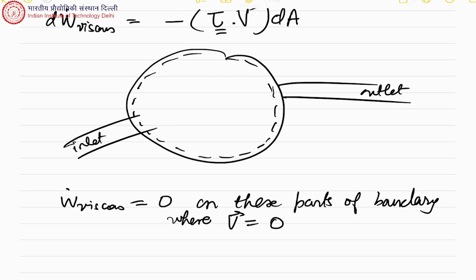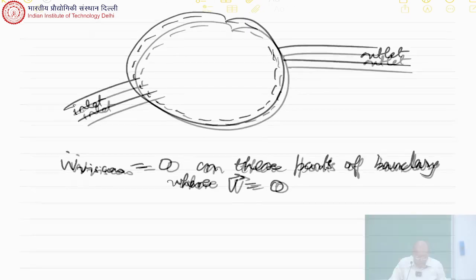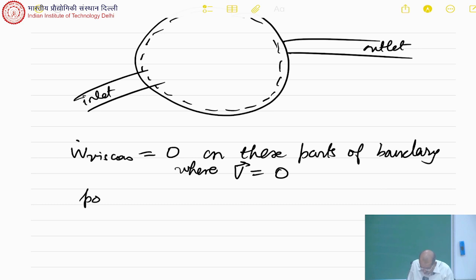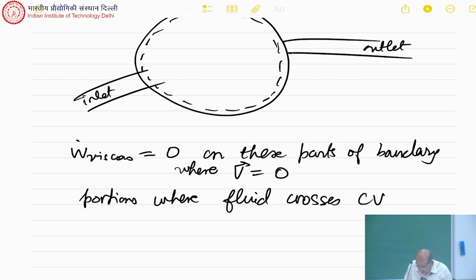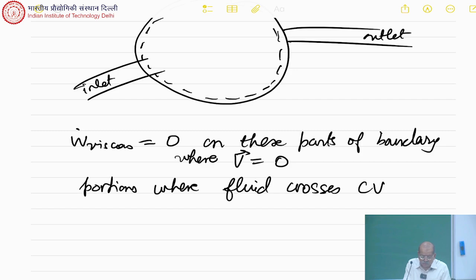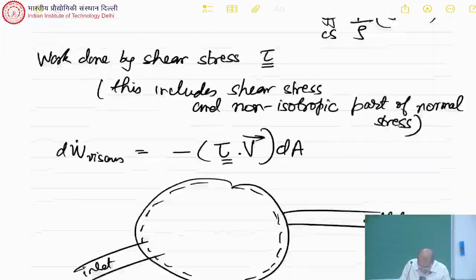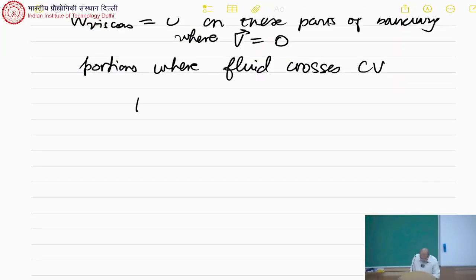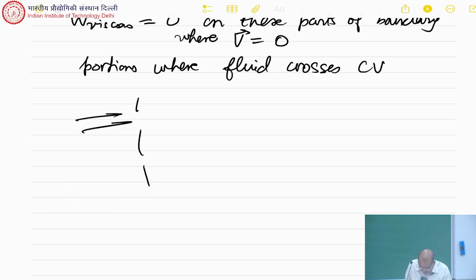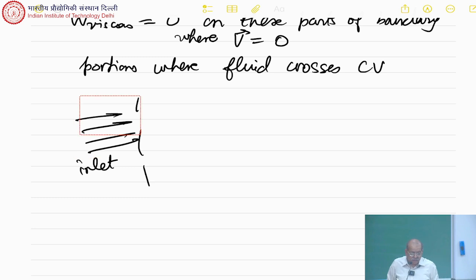So there is no viscous work on those parts. On those portions where fluid crosses the control volume, so that means we are talking of, let us say this is the inlet.